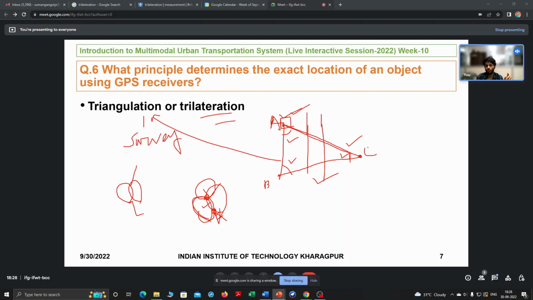Whenever GPS sends a signal to you and receives a signal, some time will elapse, some time will be lost. So you need another satellite for time. For precise location and time, you need a minimum of 4 satellites, but for only location, you need only 3 satellites. So this is called trilateration survey.